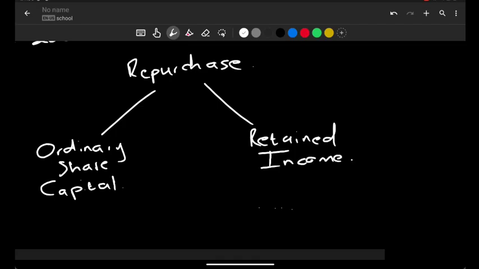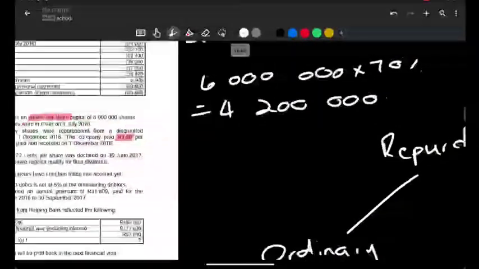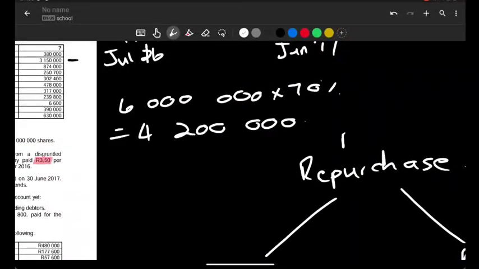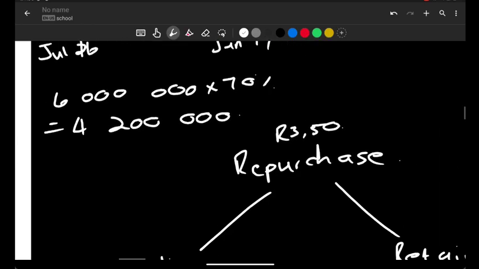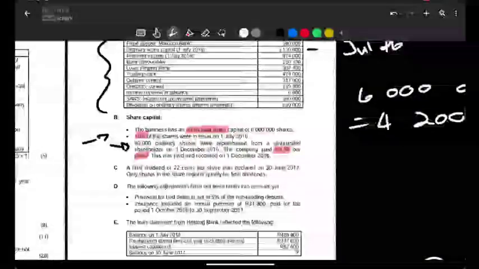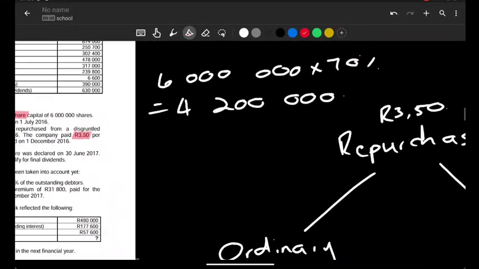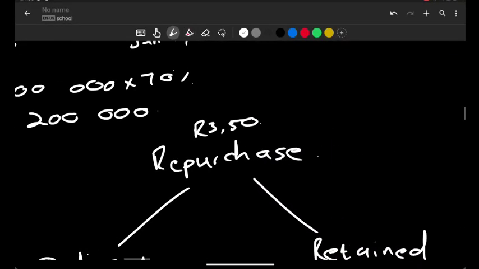So how does that make sense? They say to us that they bought it for R3.50 per share. So 3 rand 50 cents, that's the repurchase value. That's the total that we're going to pay out, multiplied by how many shares was it? 60,000 shares there. So it's going to be 3 rand 50 multiplied by 60,000 shares.